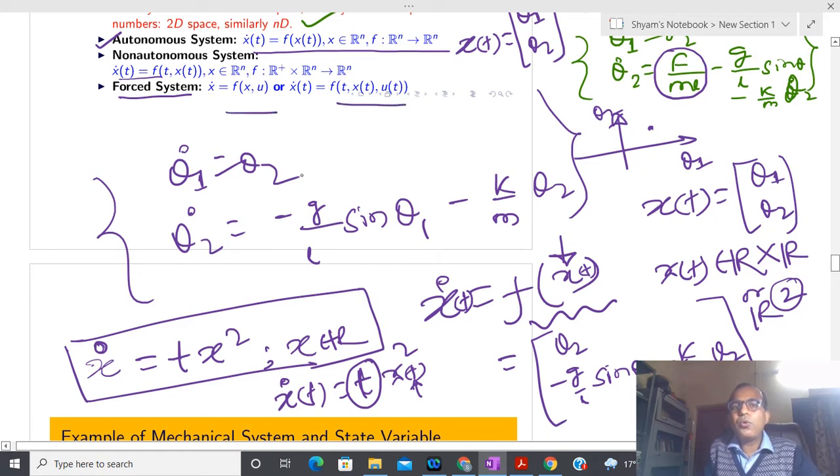Why am I saying autonomous and non-autonomous? Because it is possible that I have designed the forcing function in such a way that in the feedback loop, or control loop, time is not explicitly present. That is called an autonomous forced system. And when time is explicitly present, then we call it a forced non-autonomous system.